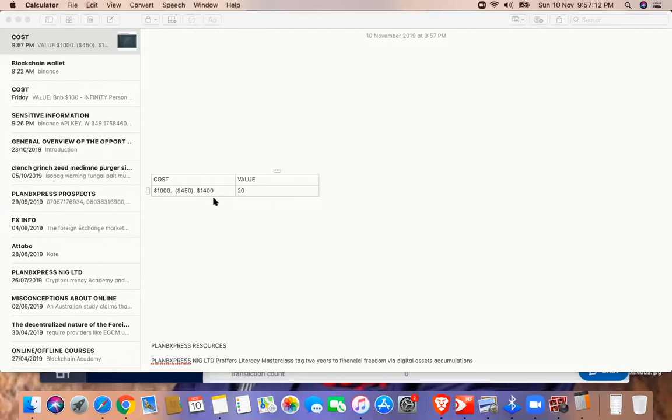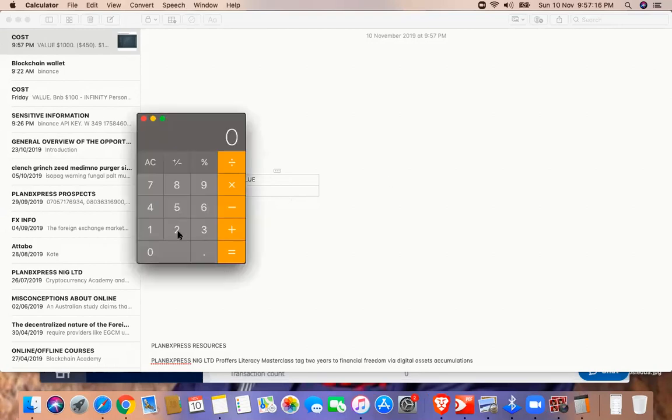I'm having 20 Litecoin. 20 Litecoin multiplied by $63 is about $1,260. And the person's like, what the heck is this? Remember, $1,400 minus $1,260, I'm still having a minus of my cost.